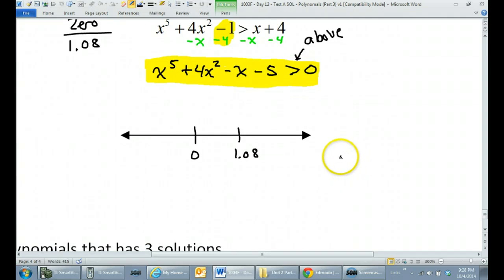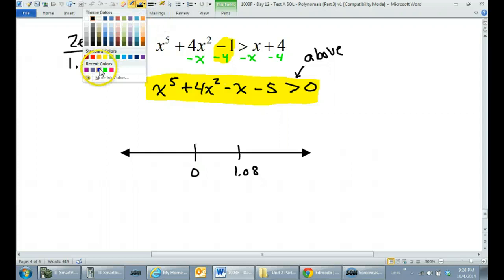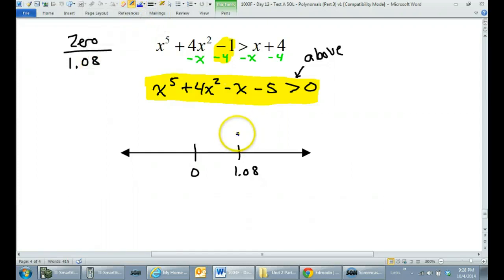Okay, I'm going to do this one by test values first, but then I can also do it graphically. If I do this by test values, then this is what I'm thinking. I'm thinking we have a 0 here at 1.08. So that's going to be an endpoint.